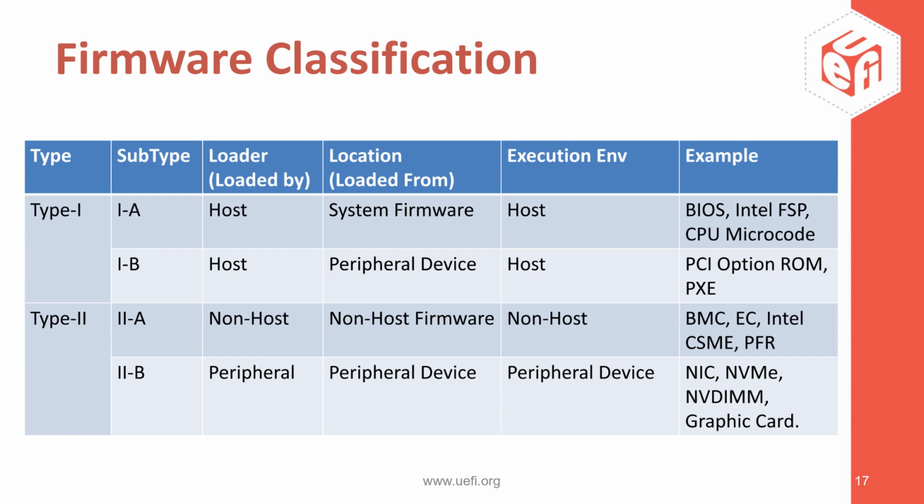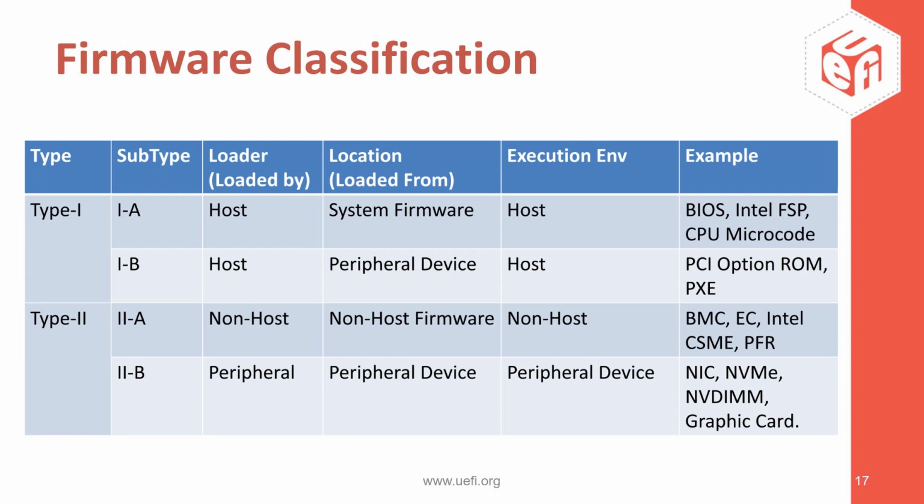Type 2A means it is located in the non-host part and executed in a non-host processor. Examples are the BMC, EC for embedded controller, Intel CSME or PFR firmware. They can interact with the host CPU. The last one is type 2B.